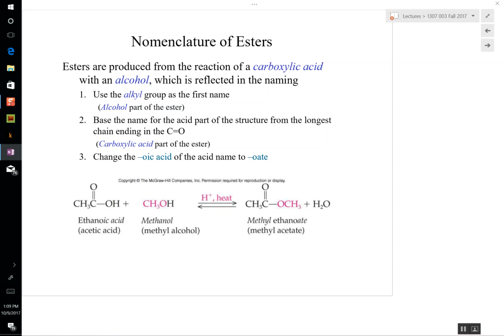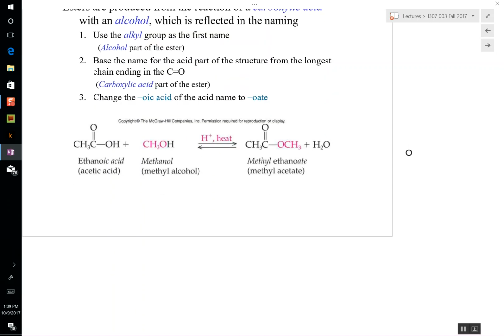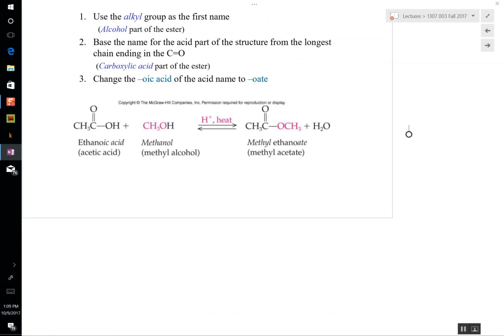Okay, now, am I going too fast? I don't think I am, but am I? I'm going to put, right underneath here, almost the opposite of this reaction, and we're going to finish it and name it. And then I want you to be able to compare the two names and start getting comfortable with how to name esters.